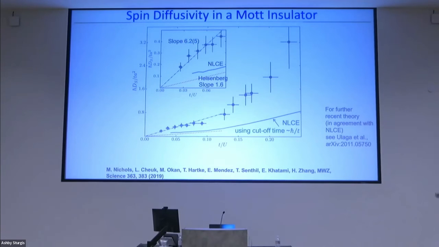We obtain a linear diffusivity, just quite a bit larger in terms of its prefactor than what we expected from the Heisenberg model. There might be effects that are not captured by Heisenberg. There might be a role of holes, etc., and possibly temperature.